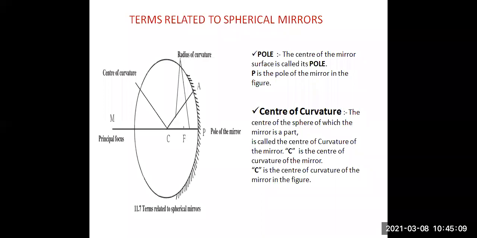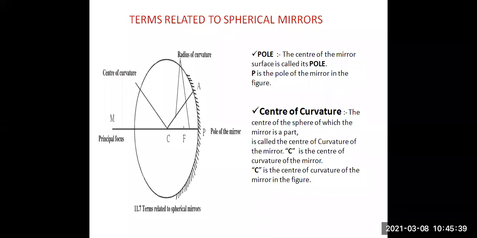Then these are the terms which are required today also to learn the image formation in concave and convex mirrors. So we are going to see these terms once again. These are the terms related to spherical mirrors. The first term is pole. The pole is the center of the mirror. You can see the capital letter P written in the diagram.